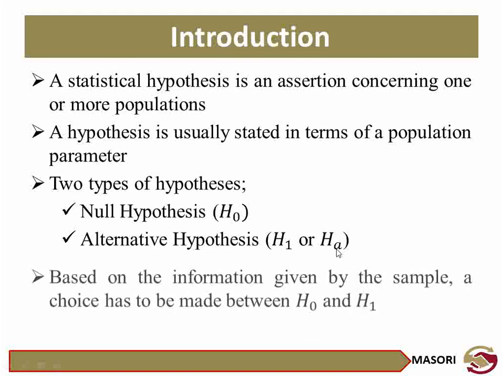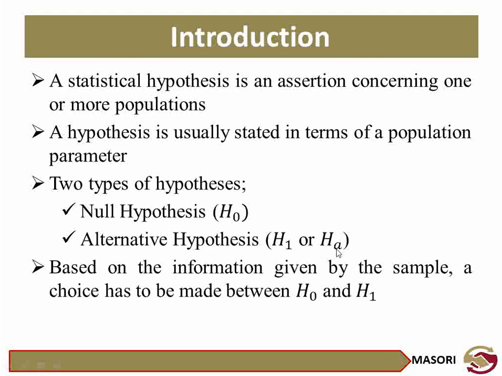As we move on, based on the information that we get from a sample, an individual or a group of researchers will be able to make a decision between the null hypothesis and the alternative hypothesis. So if you accept the null, if your results are in favor of the null, then you are going against the alternative. And if you reject the null, then your results are in favor of the alternative hypothesis.